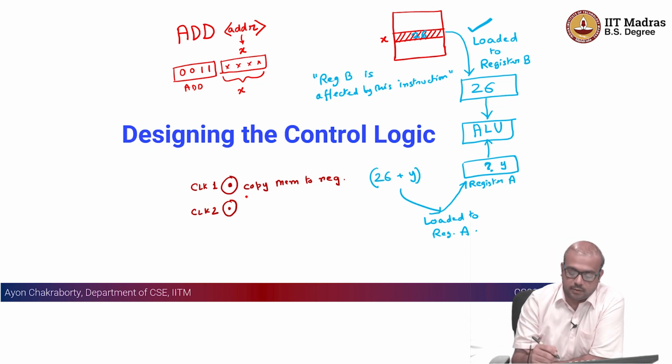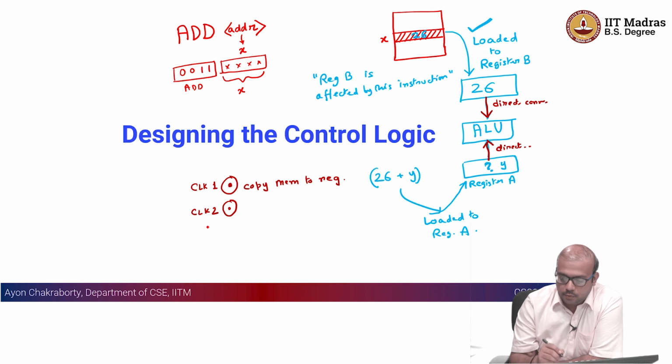Okay. So, this copy memory to the registers, as I told you, does not have any control, right. This is a direct connection, same thing, it is direct. Okay.